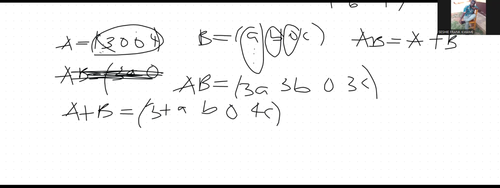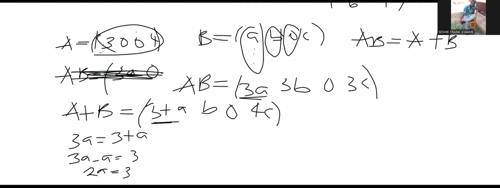So 3A is equal to 3 plus A. So 3A minus A is 3. So 2A is equal to 3.